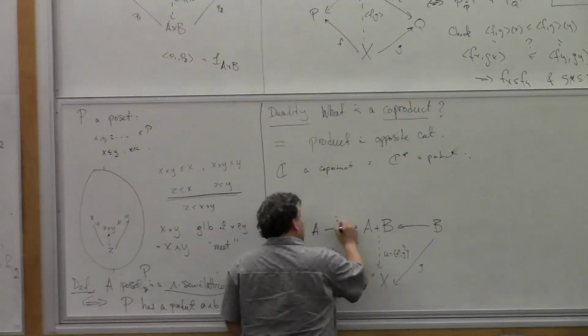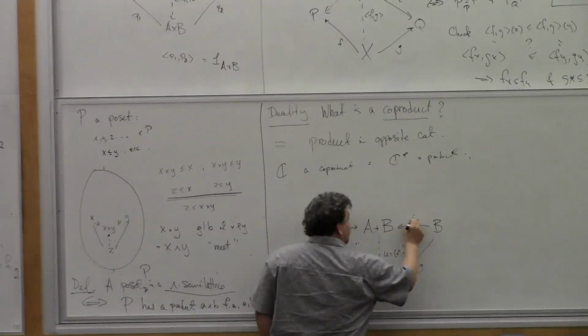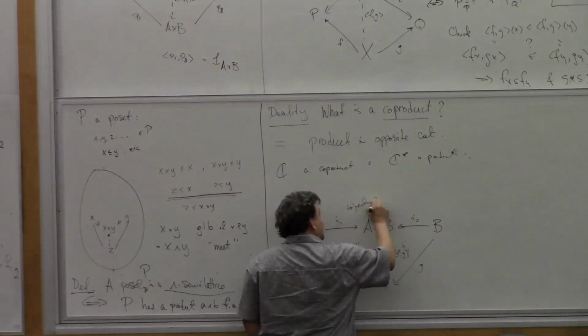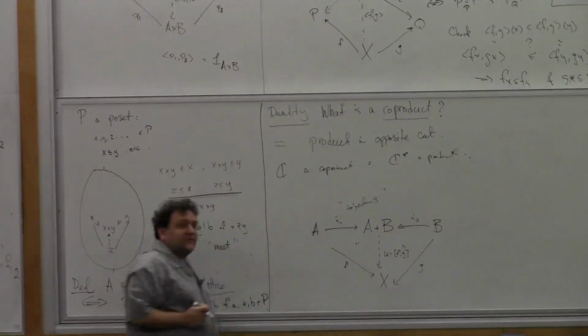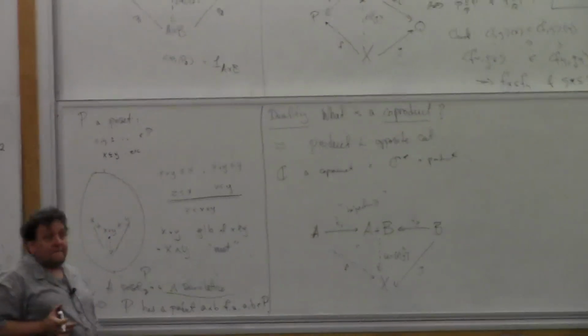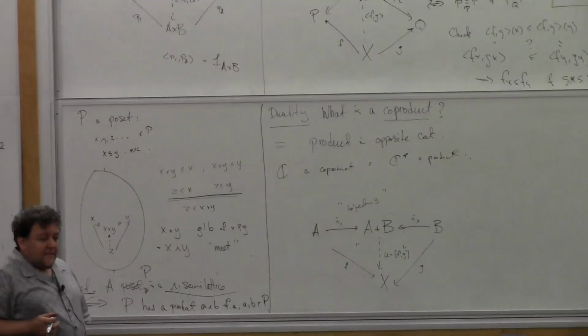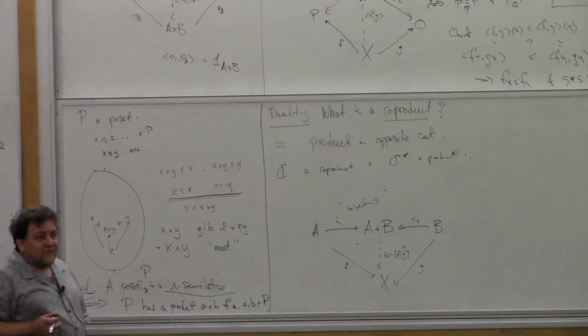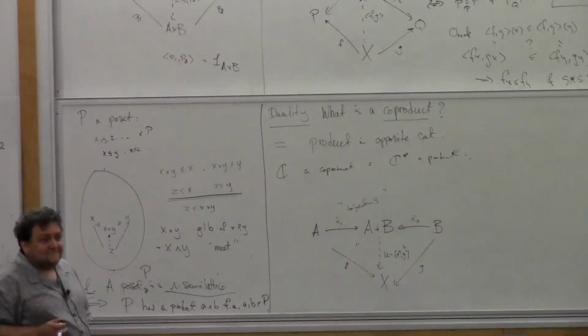And we call these things I1 and I2 the injections rather than projections. Okay, so that's the customary jargon. Does it have a universal property? Yes. A general name for just three objects and arrows going from the outside to the inside is a co-span.